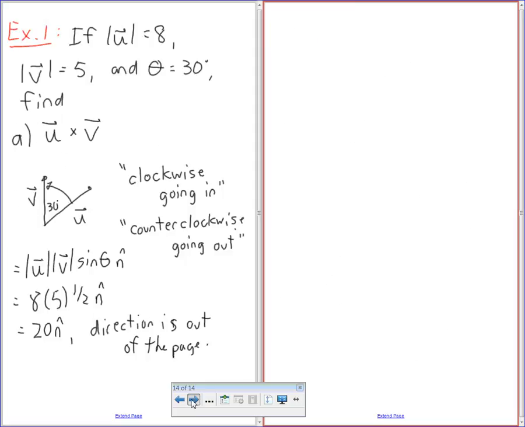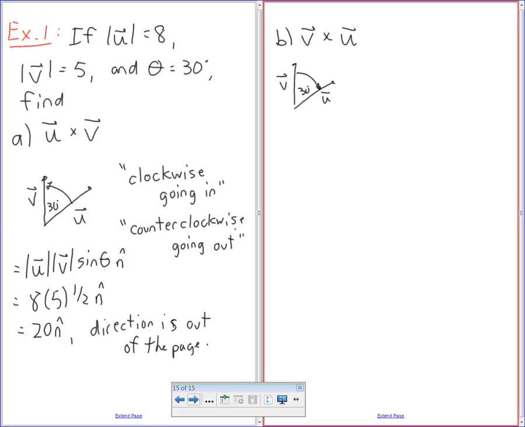If I were to do then v cross u, the only difference is the rotation in the opposite direction. How do we know which one's u and which one's v? I just drew them like that. Again, for v cross u, it's going to go in the opposite direction. What I will do on a test is give you a perfect diagram.